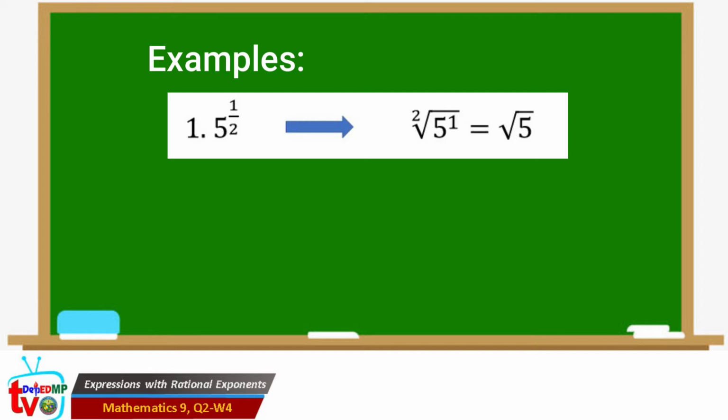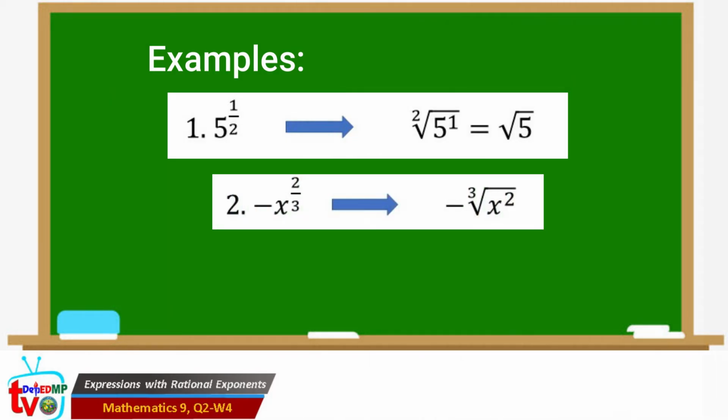In the expression, the square root of 5, the index is understood to be 2. Next, number 2, negative x raised to 2/3 becomes negative cube root of x squared. When the index is more than 2, you really need to write it.